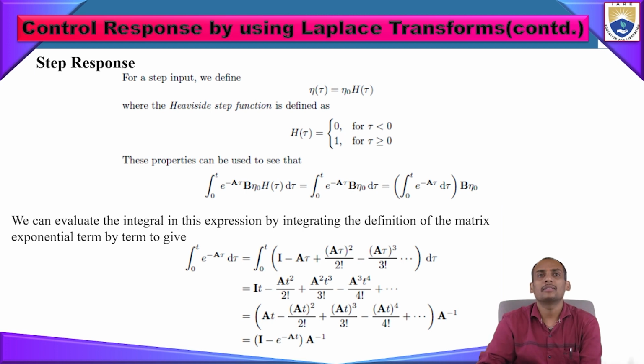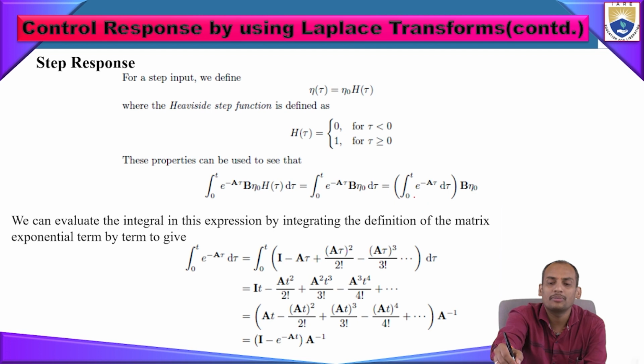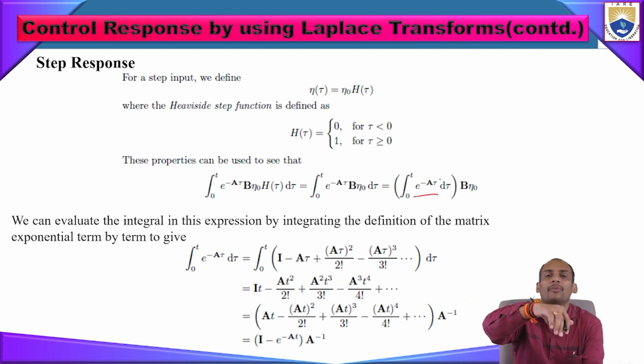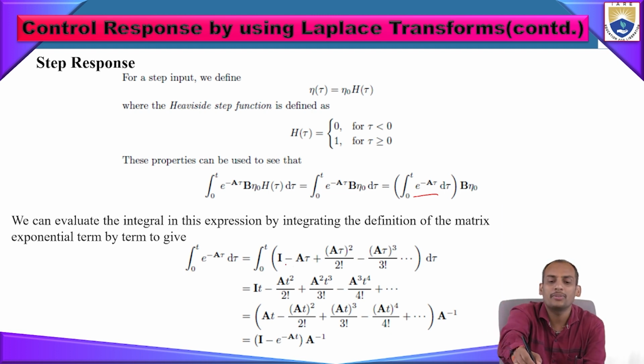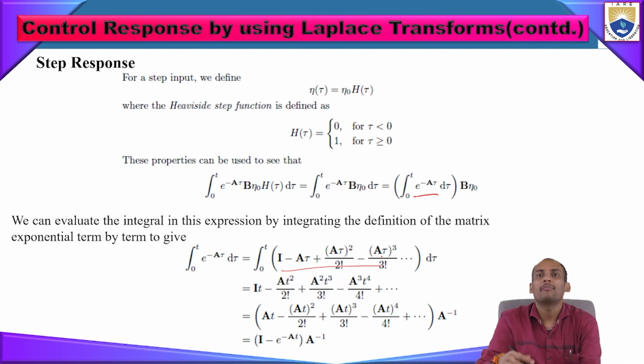So the integral from 0 to t of e power minus A tau d tau, in terms of e power minus At, if you want to write it in expansion form, like previously we wrote it as I minus A tau plus A tau square by 2 factorial minus A tau cube by 3 factorial, and so on.